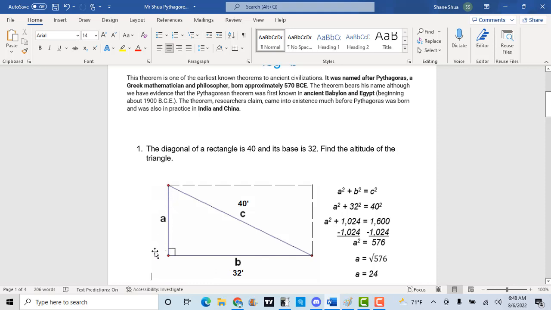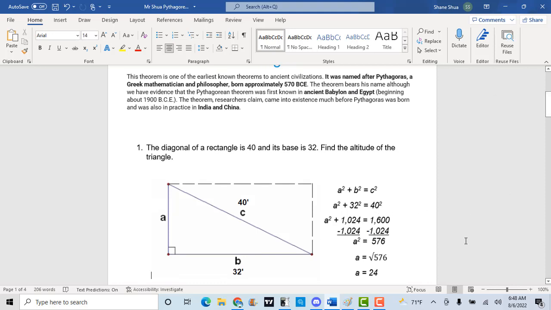So we're going to use the Pythagorean theorem to do so, which is a squared plus b squared equals c squared. Our a, our altitude, we don't know that yet, so we're going to leave that as a variable. Our base b, we know is 32, so that will be 32 squared. And then the diagonal, we know is 40. That's our hypotenuse, equals 40 squared. So let's just use our calculator here and get some information.